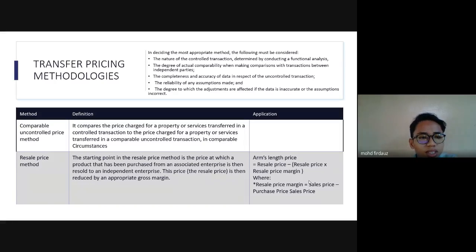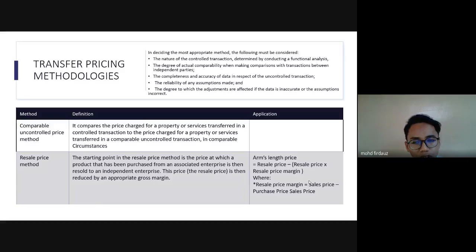So the first method is the comparable uncontrolled price method. That means comparing the price charged for property or service transferred in a controlled transaction, same as the arm's length principle.